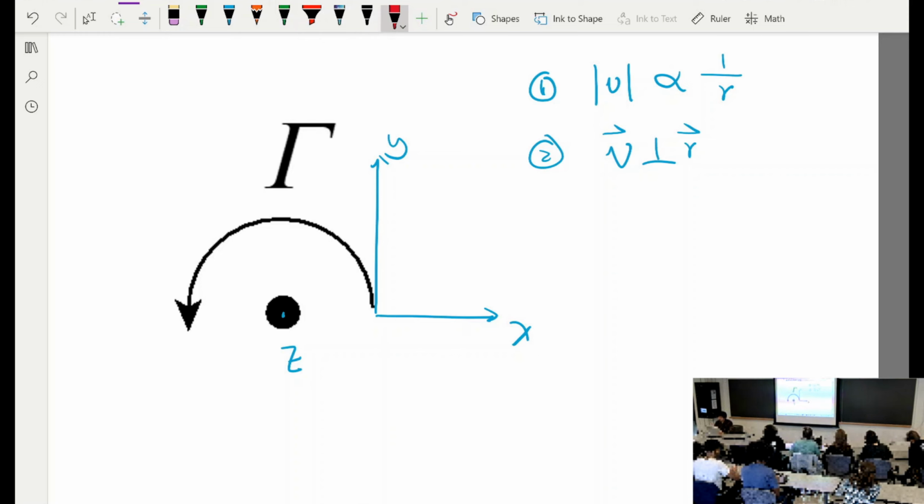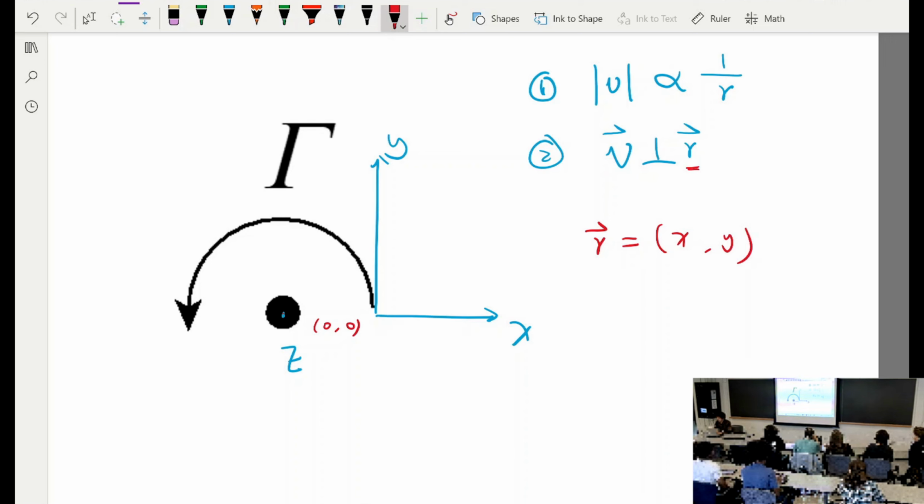So let's transform this into Cartesian coordinates. First of all, what is a vector that's perpendicular to the radial direction? If this is centered at 0, 0, for example, then the radial coordinate is actually equal to x and y.